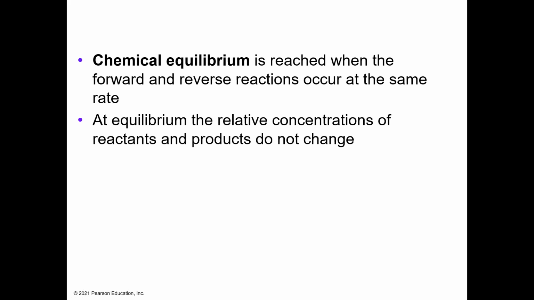And finally, a lot of biological processes need chemical equilibrium, like your body needs homeostasis to stay at a certain state. It's reached when forward and reverse reactions are the same. At equilibrium, the relative concentrations of reactants and products do not change.